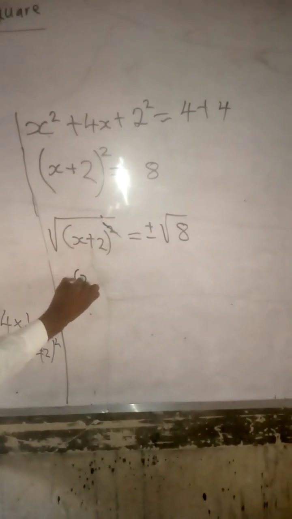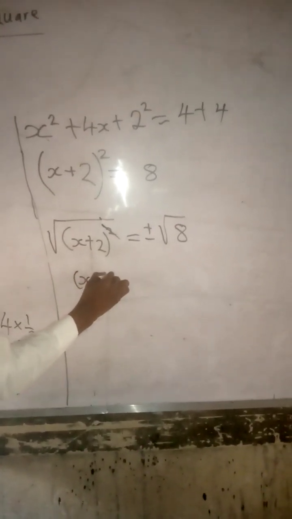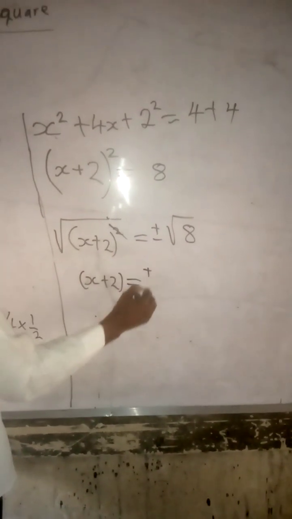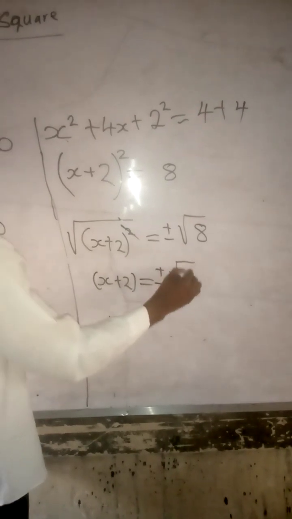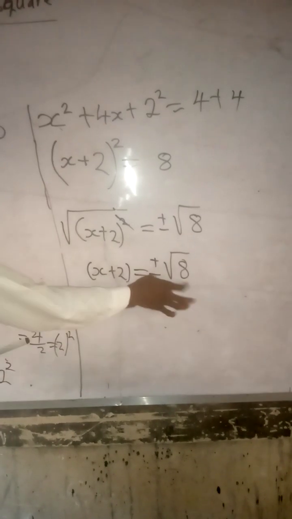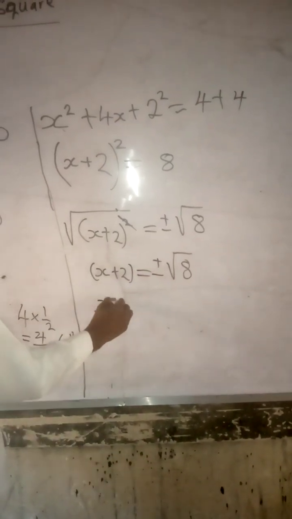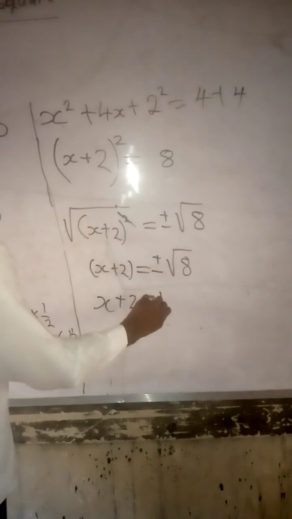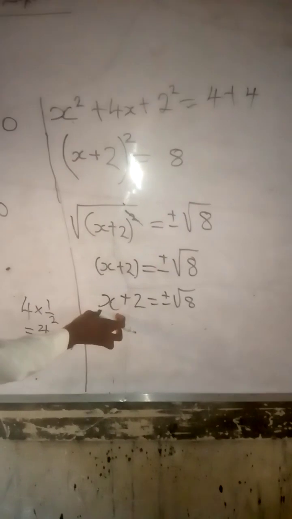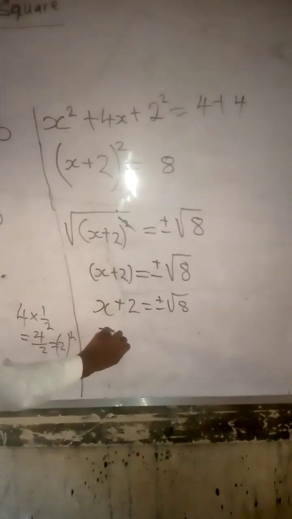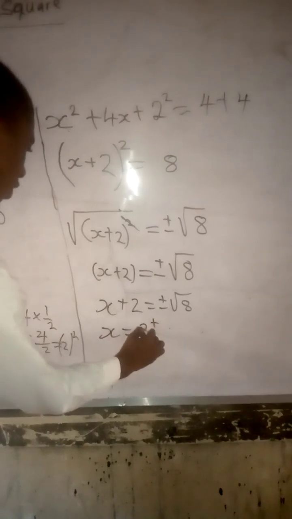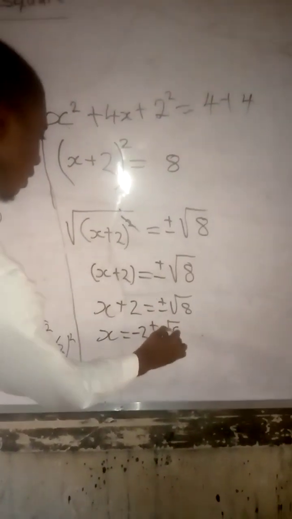We're having x plus 2 is equals to positive negative square root of 8. Take this one to the other side. We are looking for x, not x plus 2. So x is equals to, crossing the equality sign, it becomes minus 2 positive negative square root of 8.